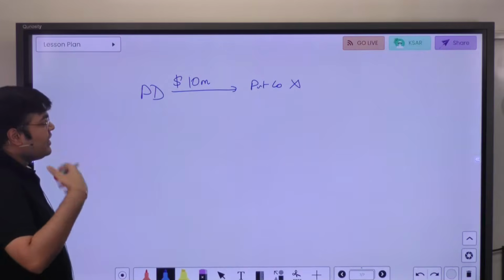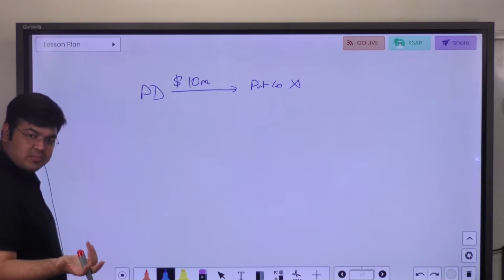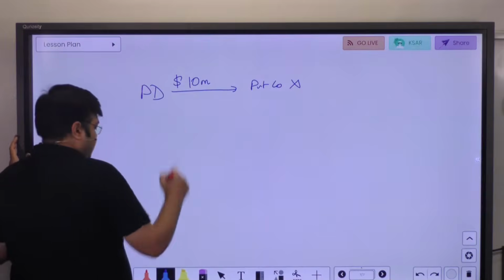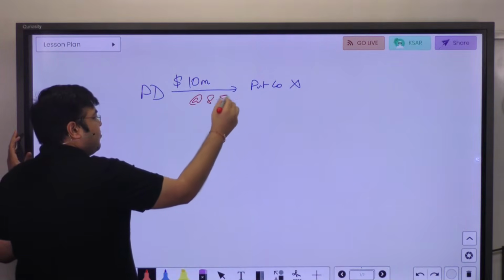But obviously, when you're lending to a private company, it is riskier and it is less liquid as well because private debt is not trading in the market. So the returns should be higher or lower? Higher. So let's say this $10 million is going to fetch a return of, let's say 8.5%.